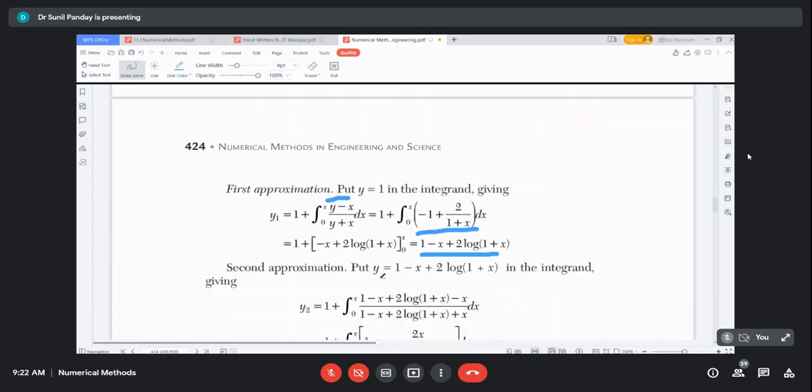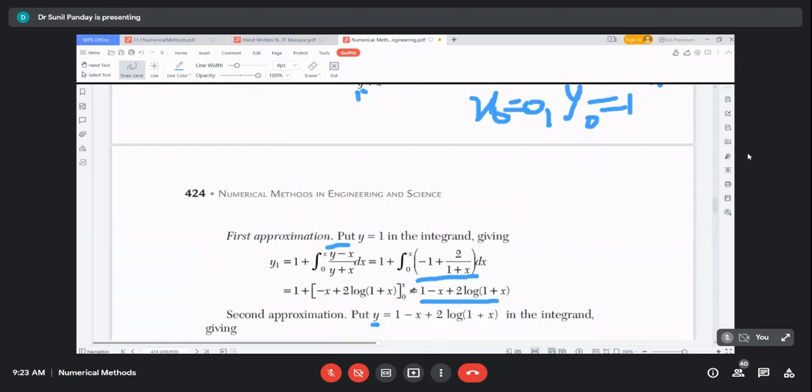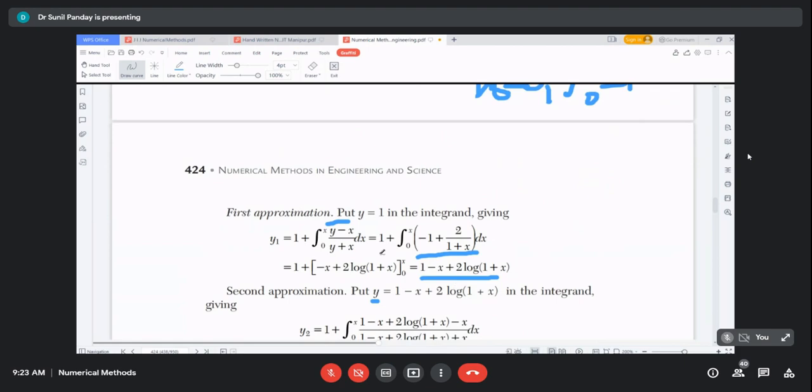Similarly, now you put this y wherever y is there, because this one is actually y naught, and y naught is actually 1, so you have done this thing, and then now y1 you have to substitute.